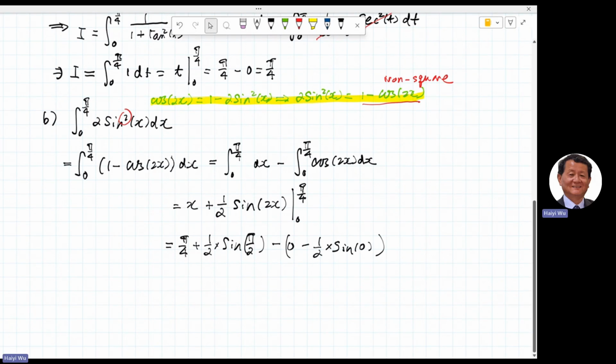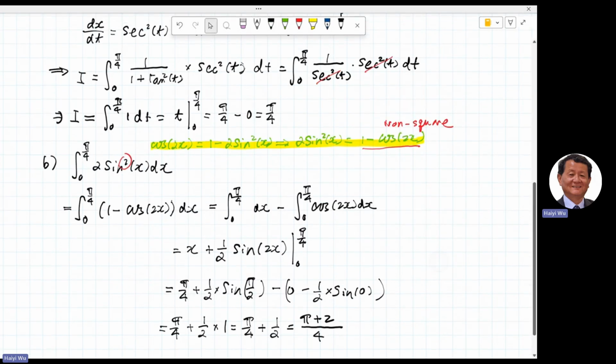So basically this is all 0. So the answer will be pi over 4 plus half, since sine pi over 2 is 1. So the answer is pi over 4 plus half. Or if you want to make one fraction, pi plus 2 over 4.